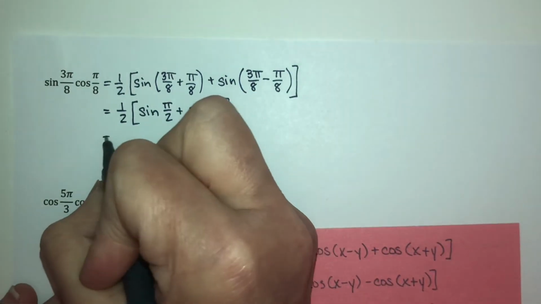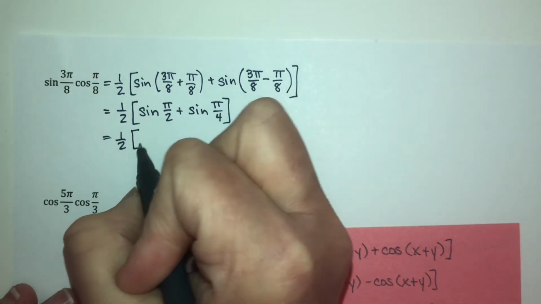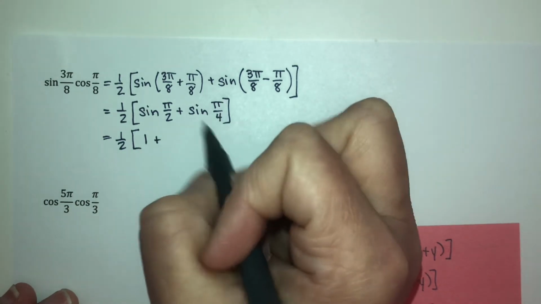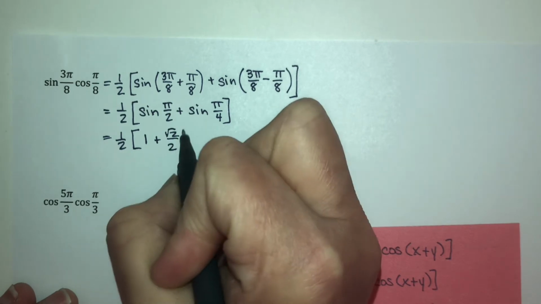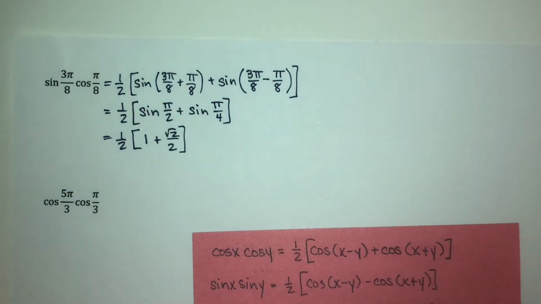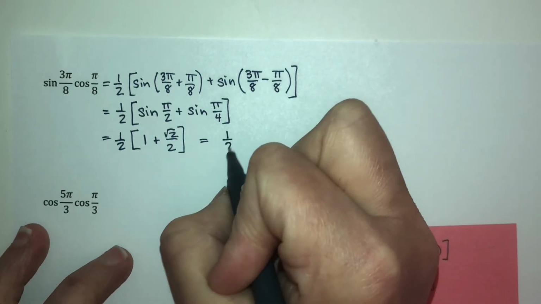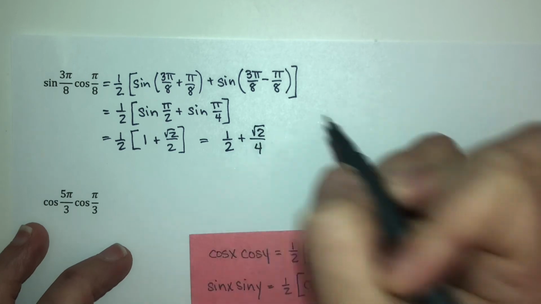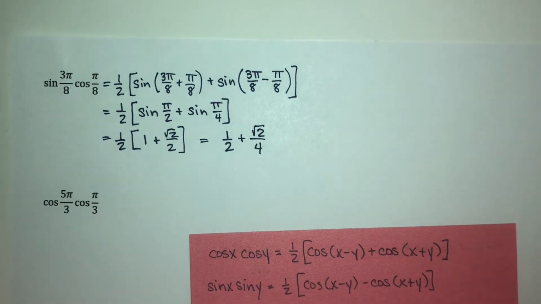Sine of pi over 2 is 1, plus sine of pi over 4 is the square root of 2 over 2. If you multiply through, you have 1/2 plus square root of 2 over 4. And that is a good answer.